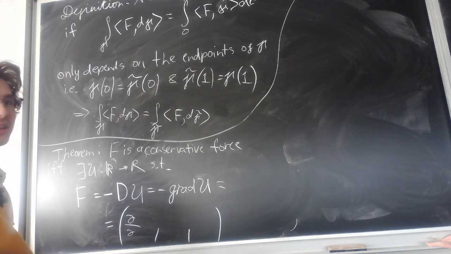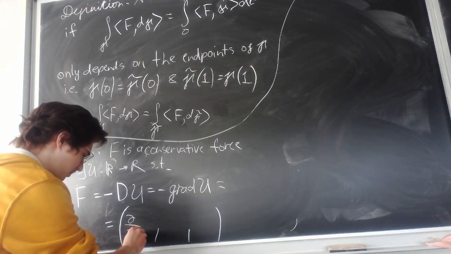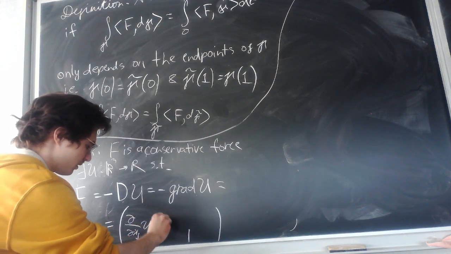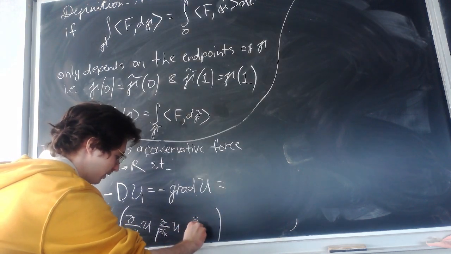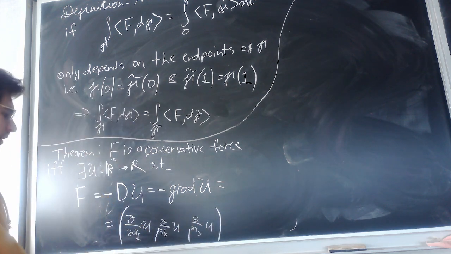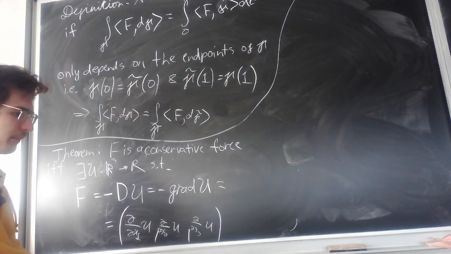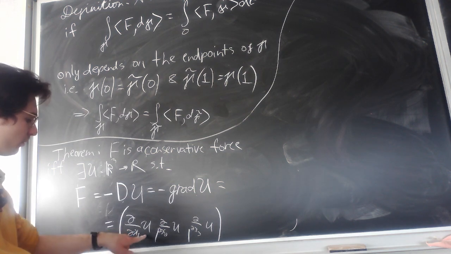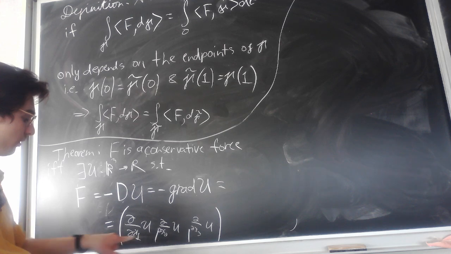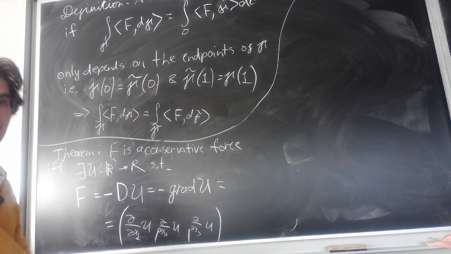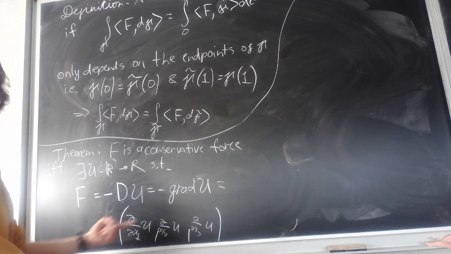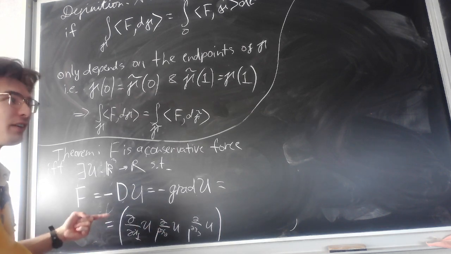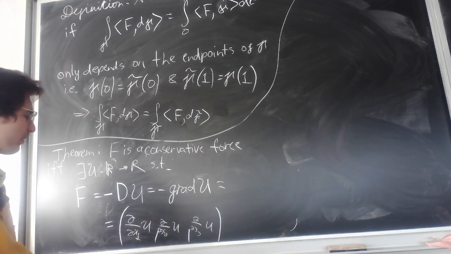Well, you always have a basis, the standard basis. So partial x1 U, partial x2 U, partial x3 U. I just take this function and differentiate it with respect to each of the coordinates x1, x2, x3, and this defines a vector in R^3. Actually, this defines a linear functional, but I can think of this linear functional as a vector in R^3.